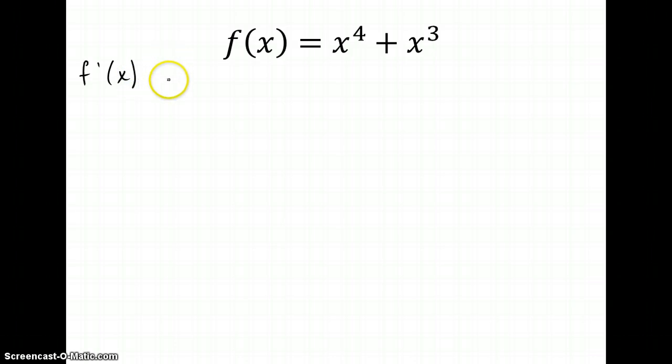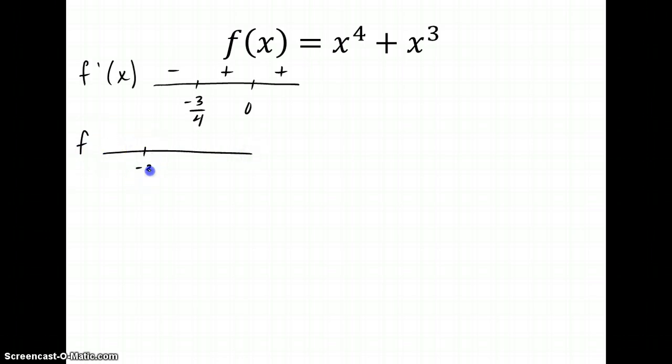Using this example from yesterday, on our number line we had our function decreased, increased, and then increased after 0 again.